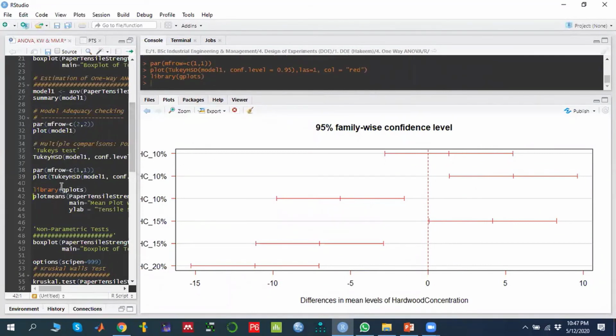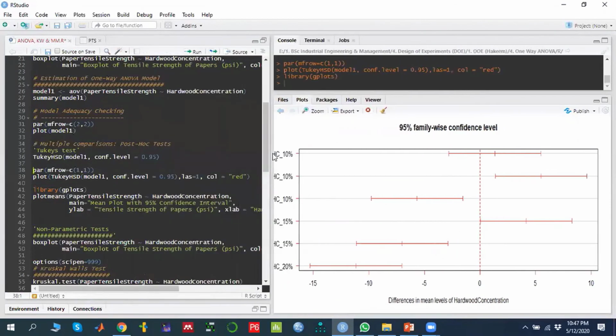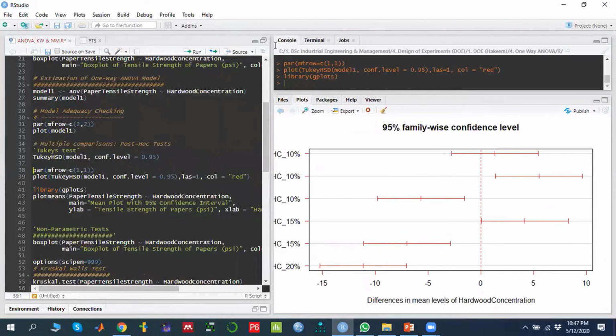Okay, so right now what I can see is this one.